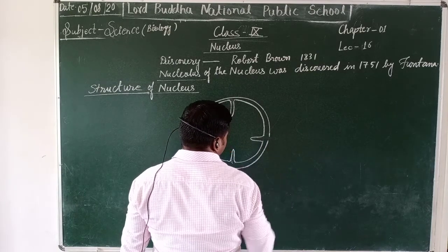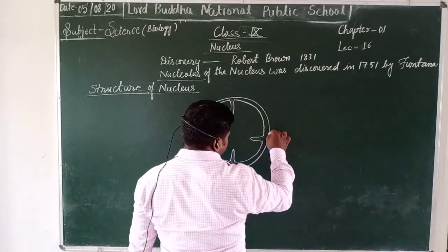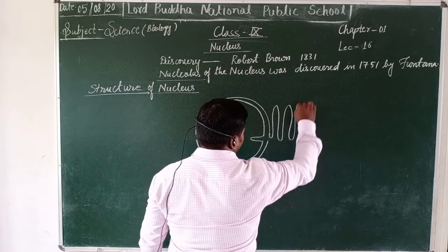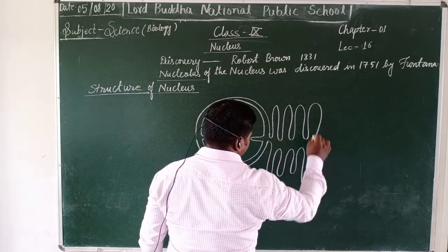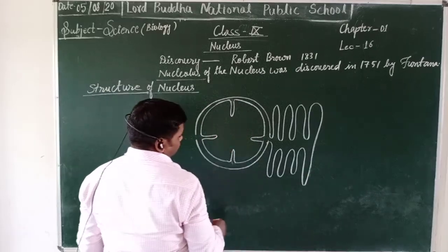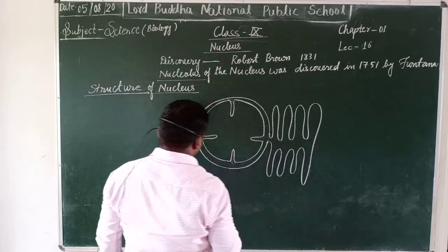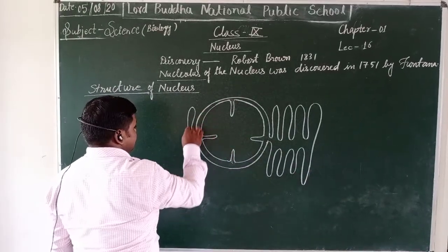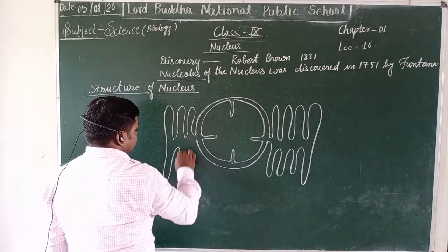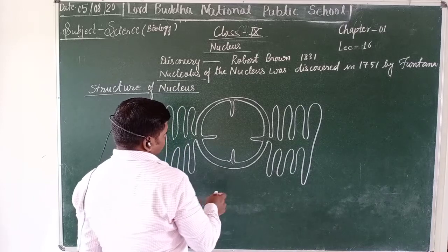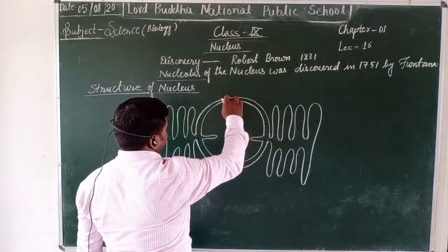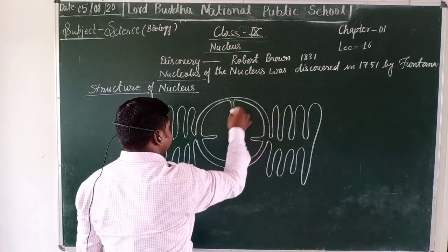From the outer membrane of the nucleus, finger-like projections originate, which you all studied in previous lectures. It is the endoplasmic reticulum.